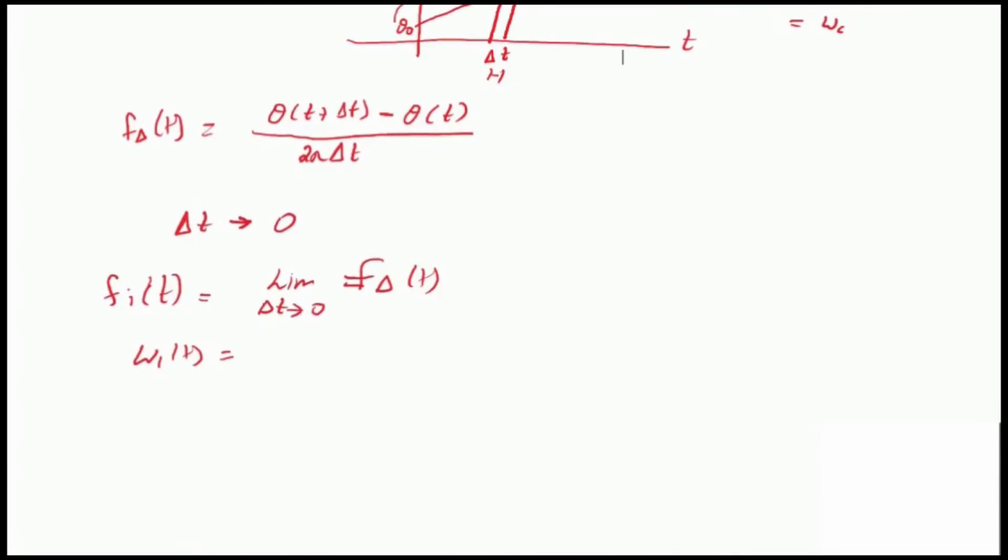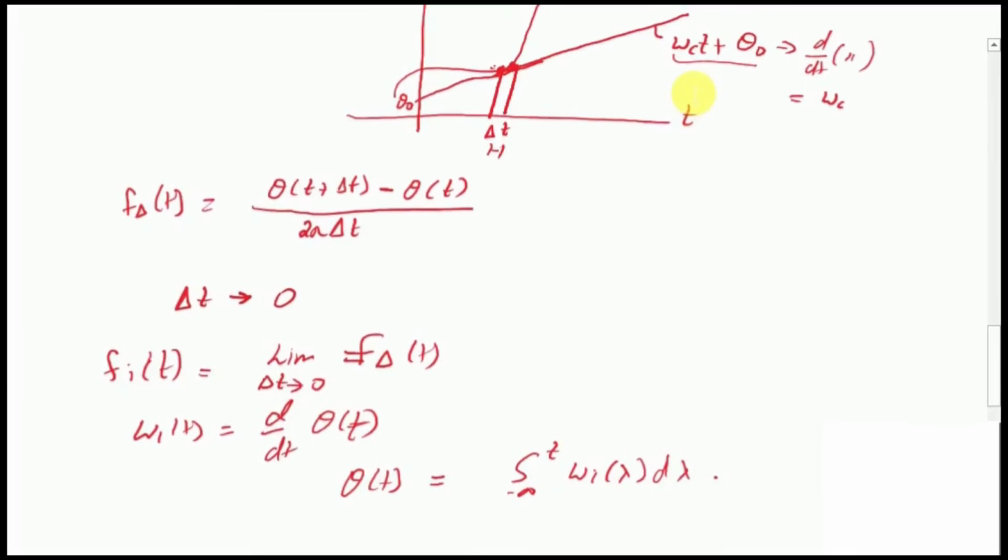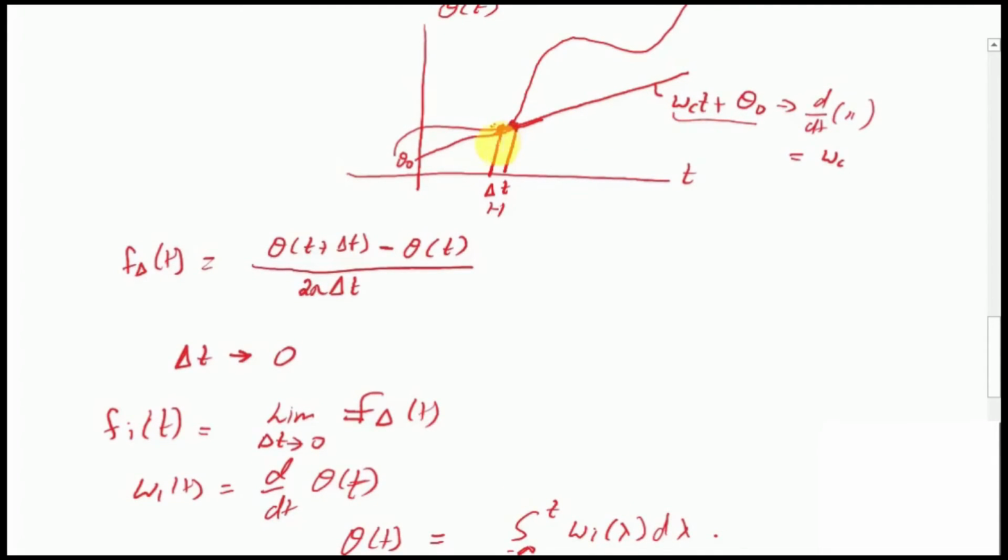So that is omega i of t is nothing but d by dt theta of t, the generic angle. Or also this theta of t is an integral from minus infinity of omega i of lambda d lambda. For simplicity of analysis, in the forthcoming discussion, we will set this theta naught, the intercept, equal to 0.